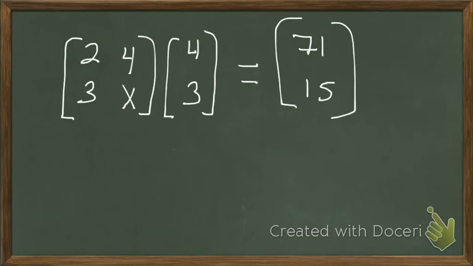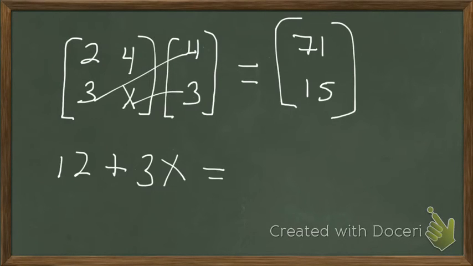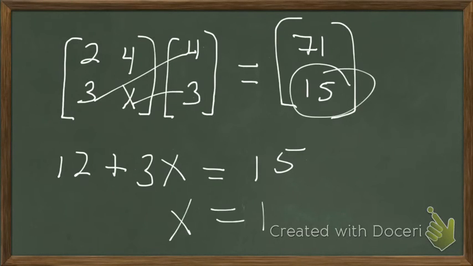Okay, if all we're looking for is x, you don't necessarily have to do all the multiplication. We can just do the row by the column. 3 times 4 is 12, plus 3x, and that would equal 15. So then we solve for x, and we get x equals 1. So they oftentimes like to do that.